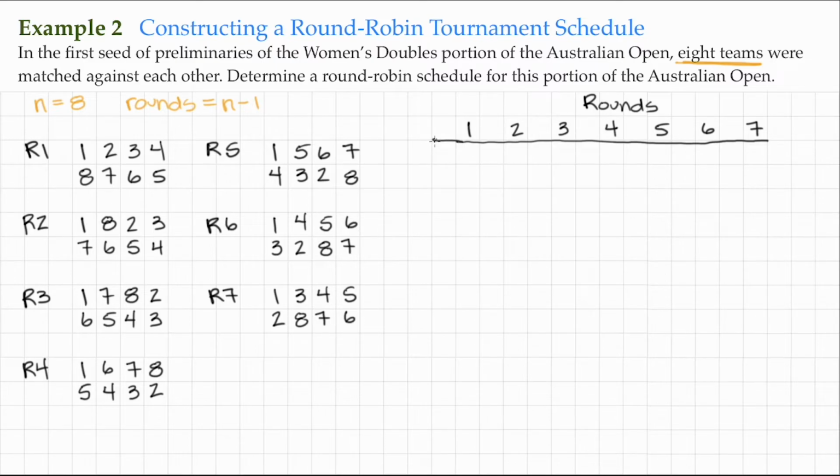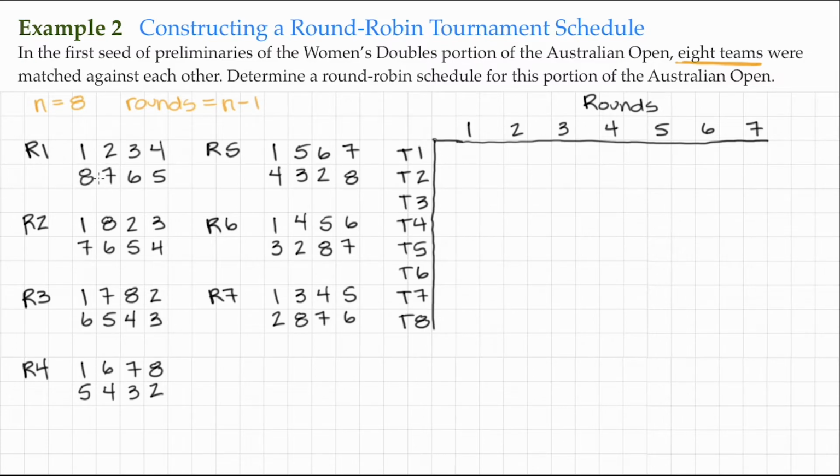And then down the side will be the teams: team 1, team 2, team 3, team 4, 5, 6, 7. Don't forget there are 8 teams. 7 rounds, but 8 teams.